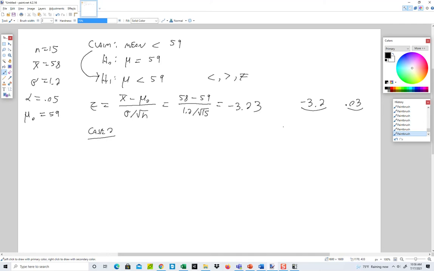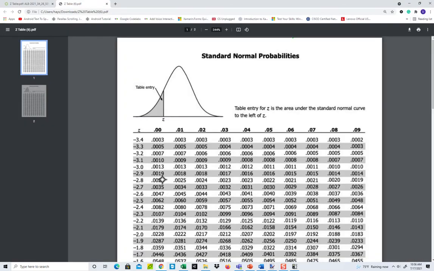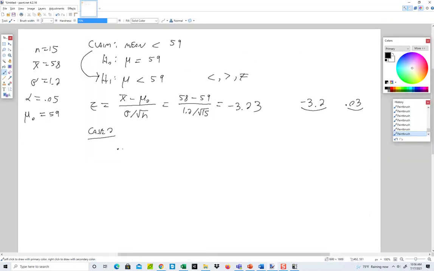So we'll look at the intersection of negative 3.2 and 0.03. Right here, where my cursor is circling, 0.0006. That's our p-value.